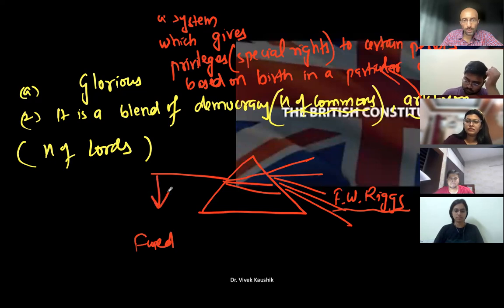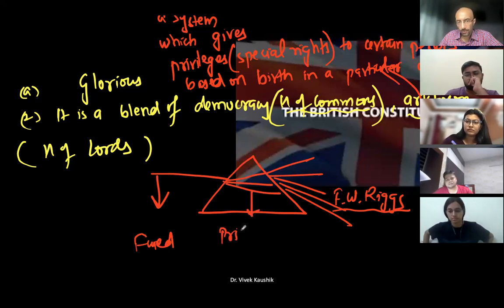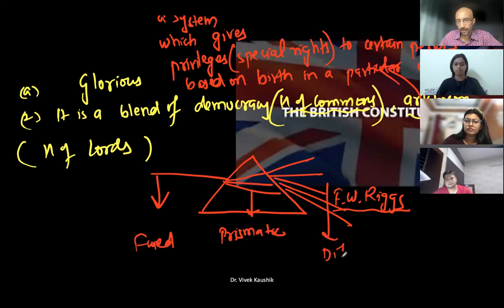So he has drawn an analogy with light. Then this is the society which is prismatic. And this is a society which is diffracted. By fused, he means underdeveloped countries.